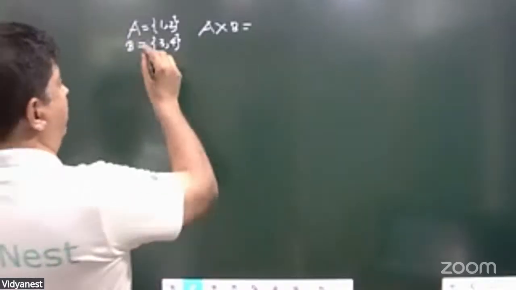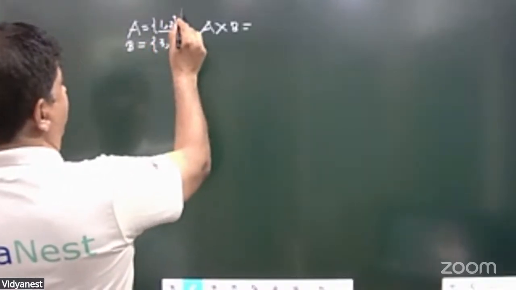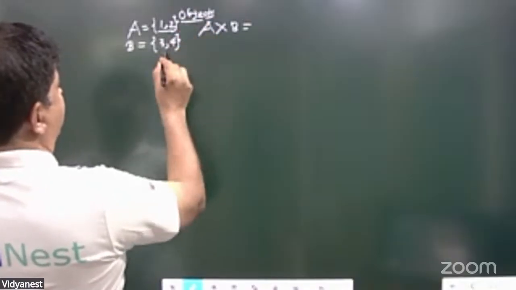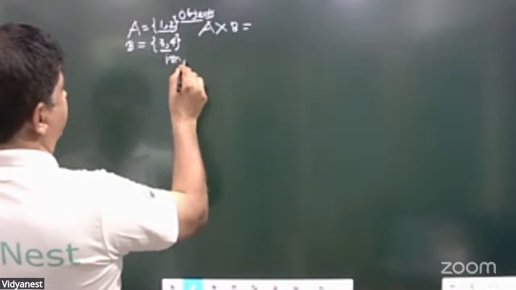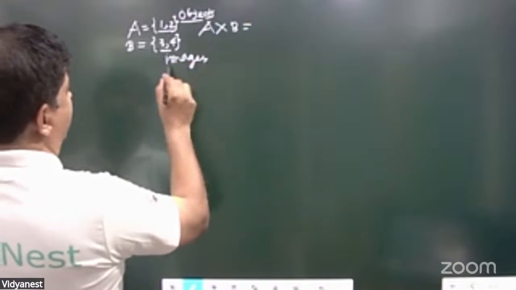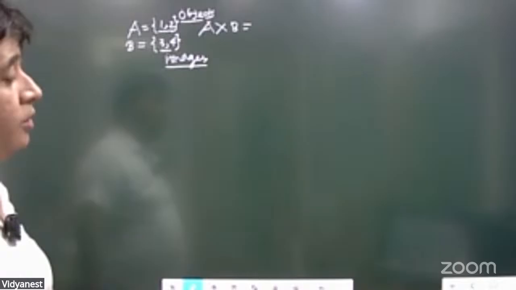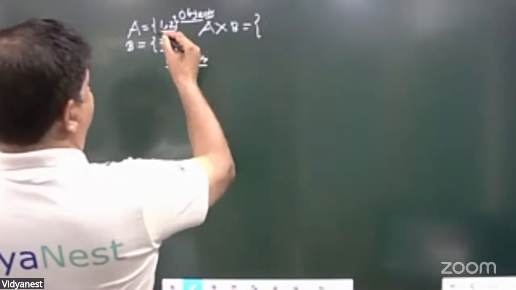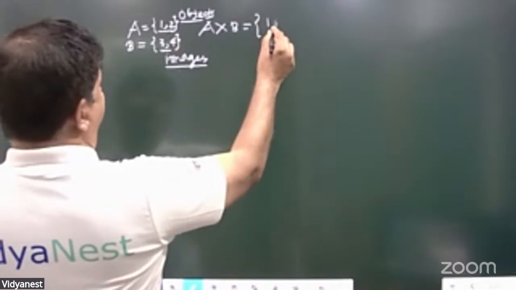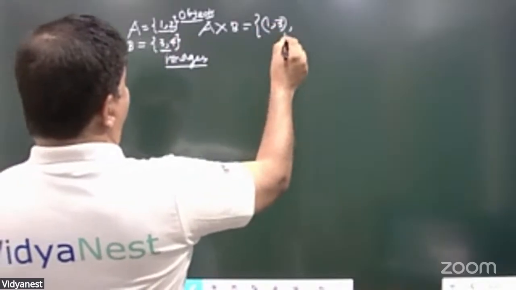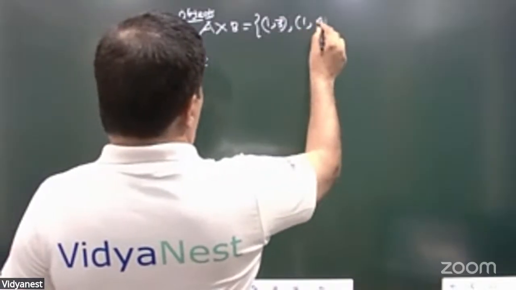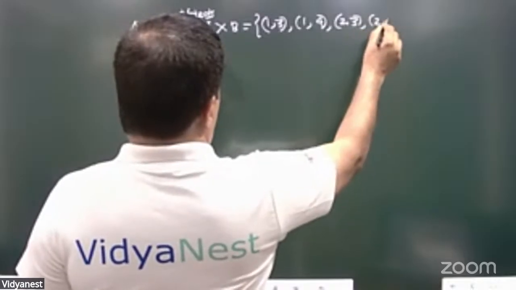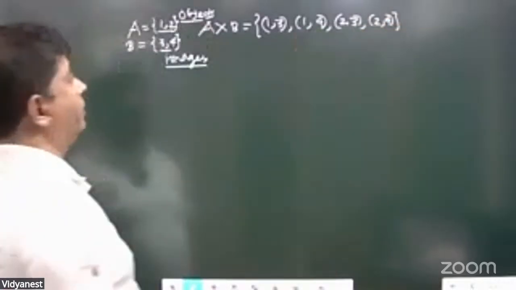So these are objects, these are images. So A cross B, from X to Y, how many ordered pairs can be framed? 1,3; 1,4; 2,3; 2,4. That is A cross B.